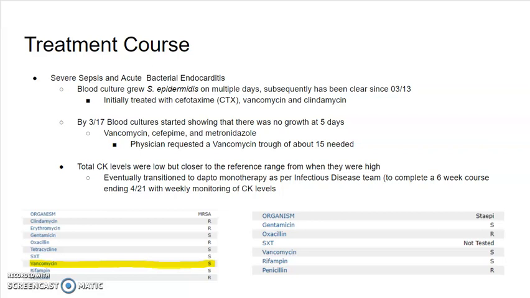Continued with vancomycin, cefepime, and metronidazole. And the physician requested a vancomycin trough of about 15. The total CK levels were low, but closer to the reference range from when they were high, eventually transitioned to dapto monotherapy as per infectious disease to complete a 6-week course ending 4/21 with weekly monitoring of these.